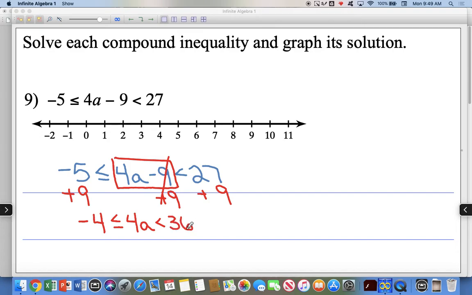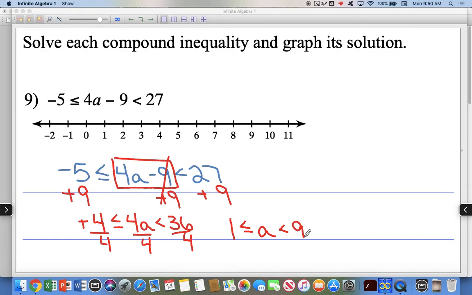It's supposed to be +4. +4, thank you. All right, then what's our last step? Divide both sides by 4. If I have to divide this by 4, I got to divide everything by 4. And so this becomes 1 is less than or equal to A, which is less than 9.